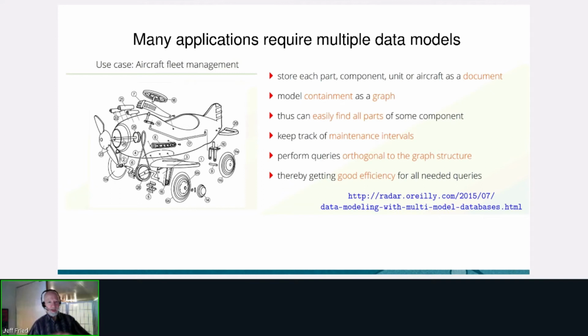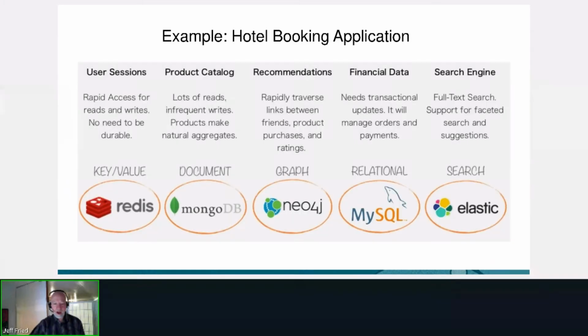And then contain those in a graph so that you can look at the relationships between, let's say, landing gear and the fuselage, with some relational capability in order to look at roll-up reports and analytics, and also time series for maintenance intervals. So this is at least 4 different underlying models, and that's a fairly common pattern.